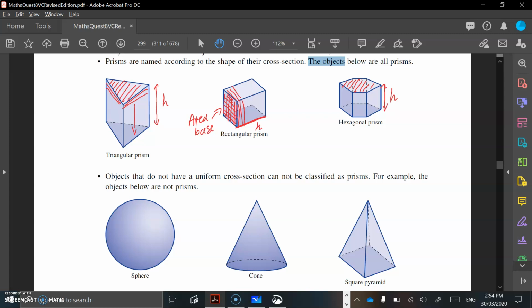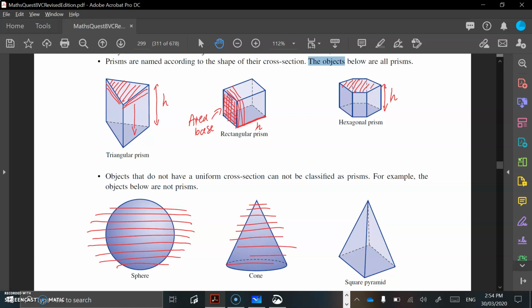With these three objects down the bottom, you'll see that there's a sphere. If you kept on slicing it, sure, you'll get a circle each time, but each circle is going to be a different size. So that's not going to be a prism. Same thing with the cone. Sure, you'll get a circle, but you're not going to get the same size circle each time.